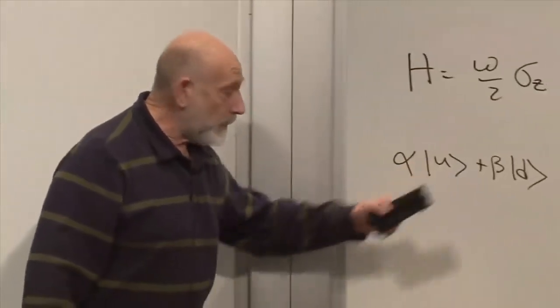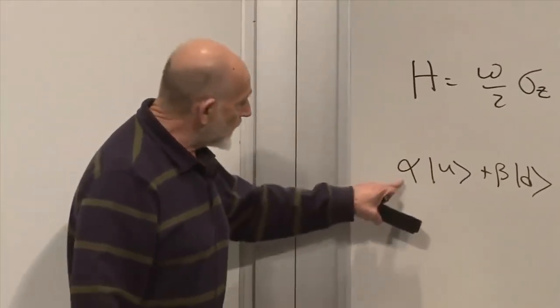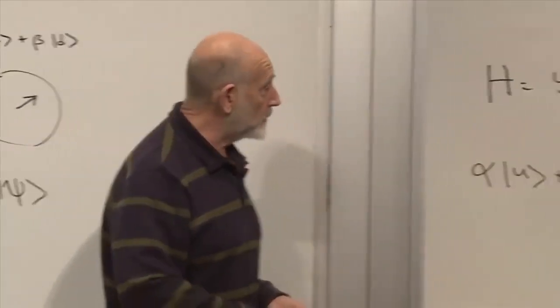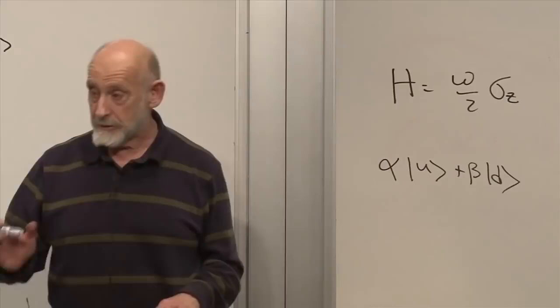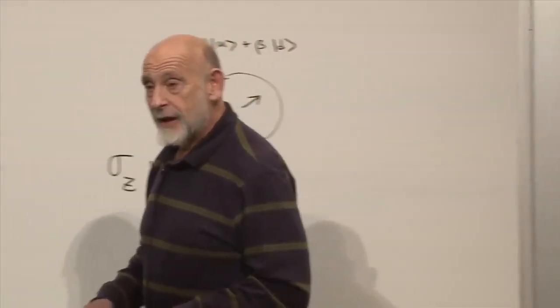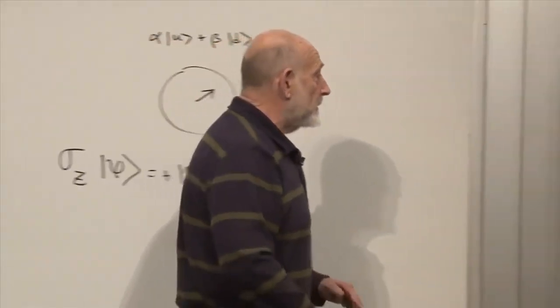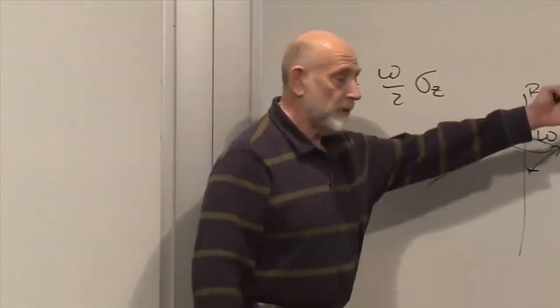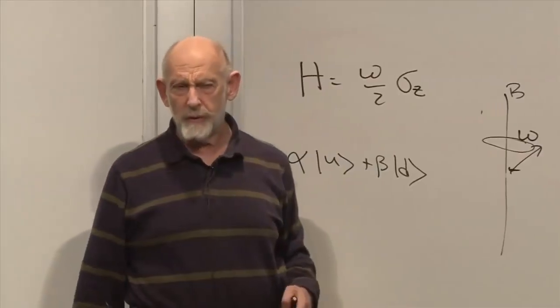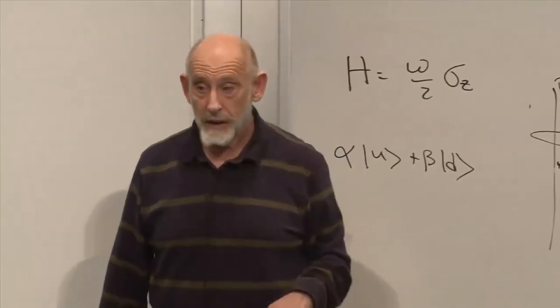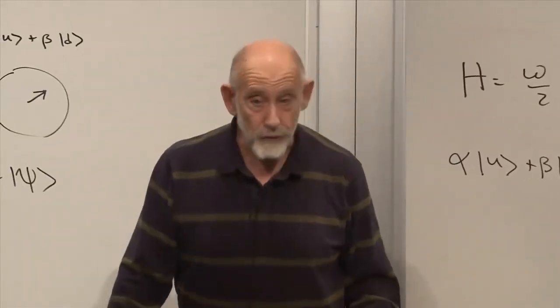If it starts in the superposition of states, then with probability alpha star alpha, it emits, and with probability beta star beta, it doesn't emit. What is the average energy? Given that there's a probability alpha star alpha that it emits a photon of frequency omega, energy omega, and beta star beta that it emits nothing, what is the average energy?